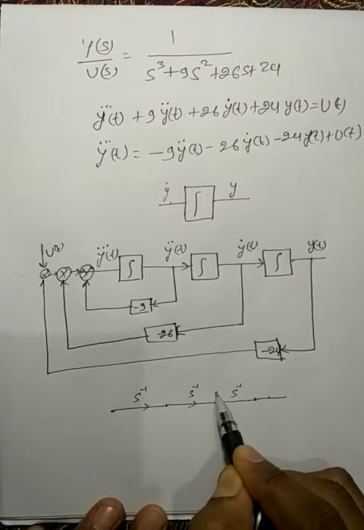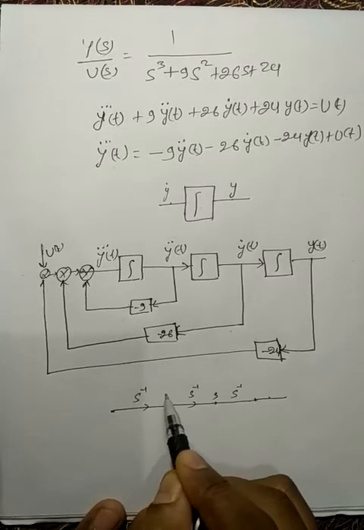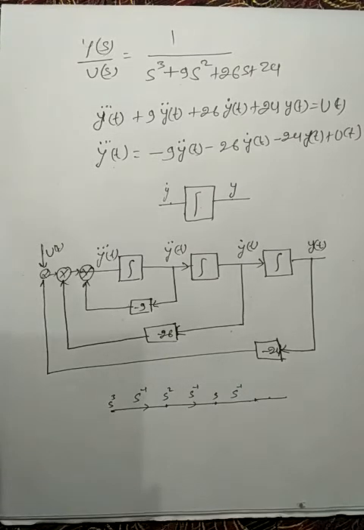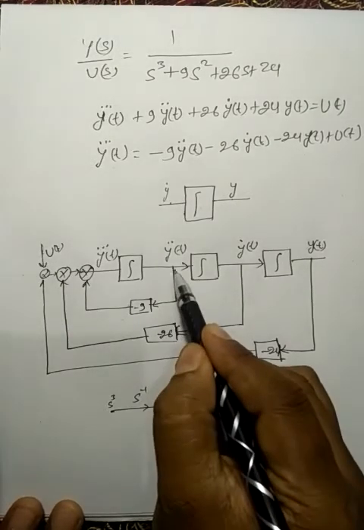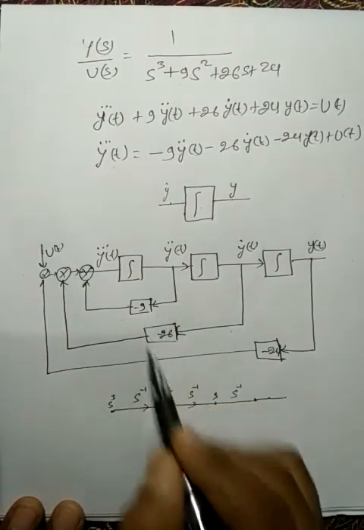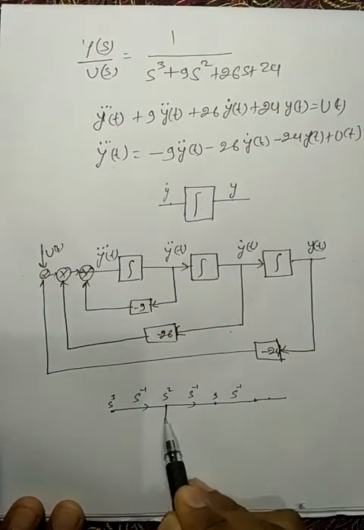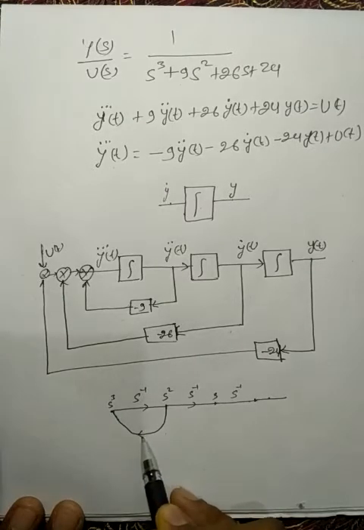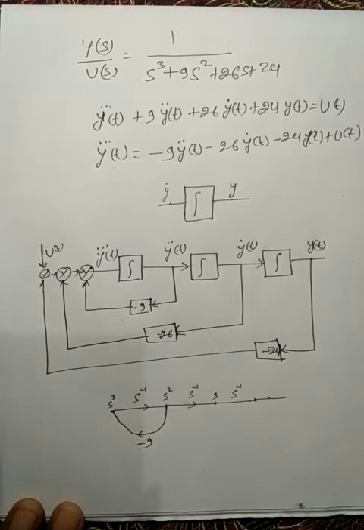So here I am having S, here I am having S square, and here I am having S cube, right? From S square, an arrow is going here with transmittance of -9.